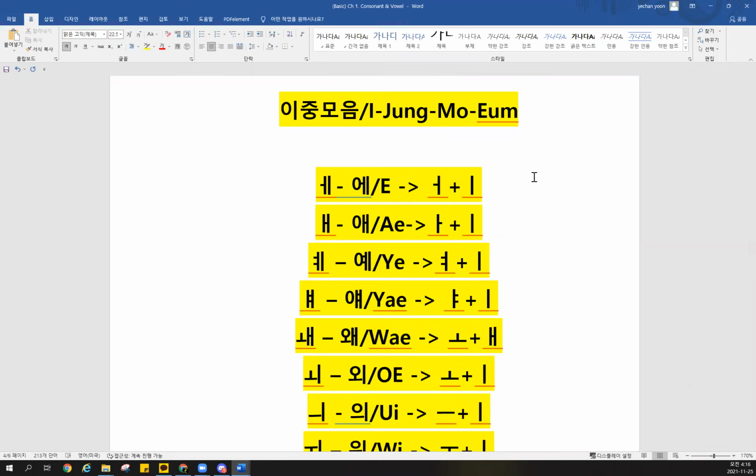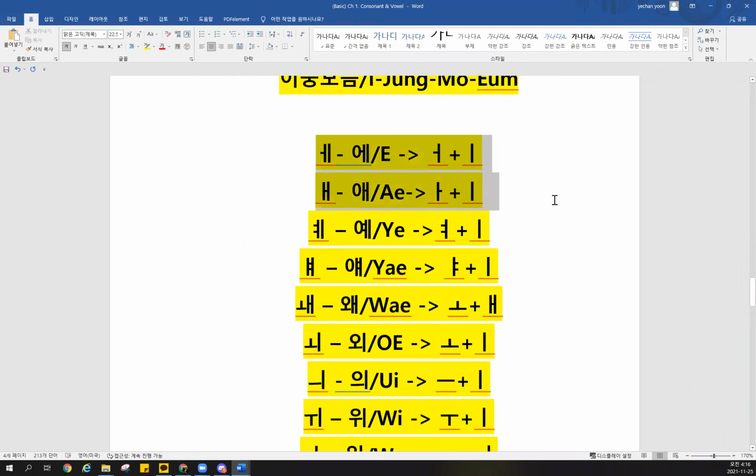I'm not sure either, because you have to check the situation and the background. So for that one, we're going to learn about it further later. Let's learn about this one first. These two letters have the same pronunciation but different writing.